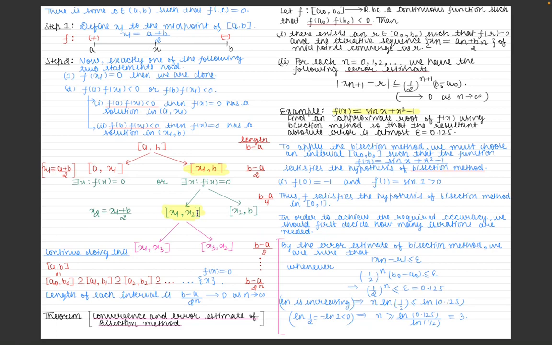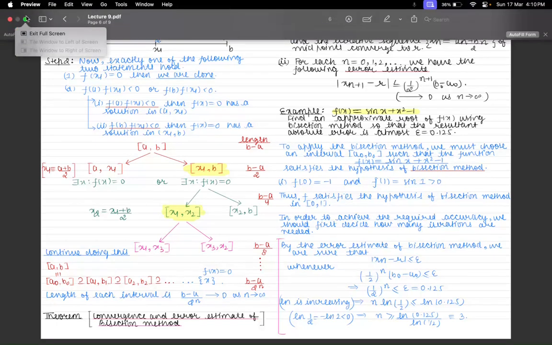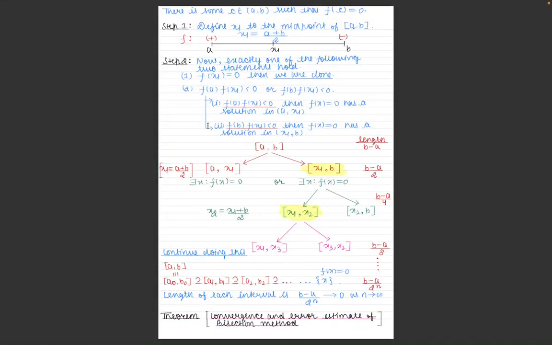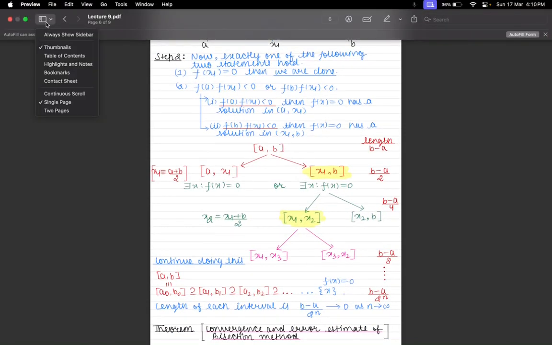Just a minute, I am forgetting something. Yes, this needs to be written down. There is one additional assumption that f of a times f of b is negative.